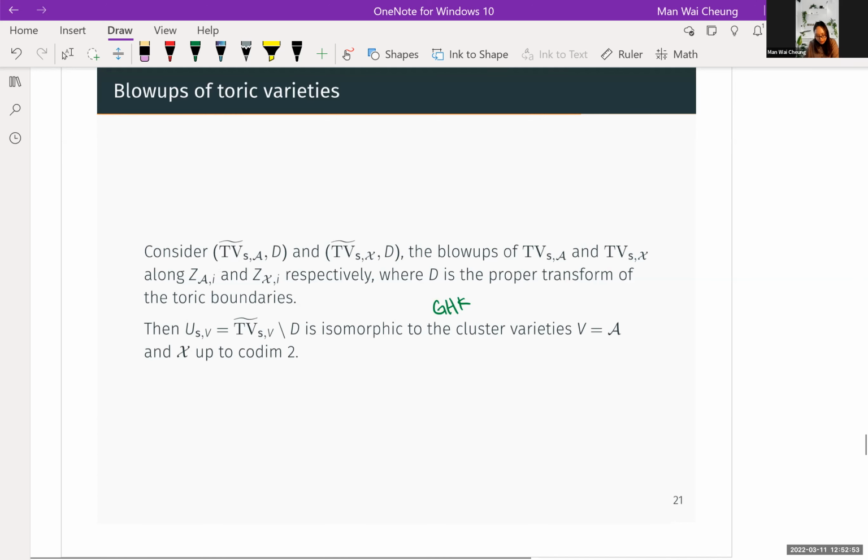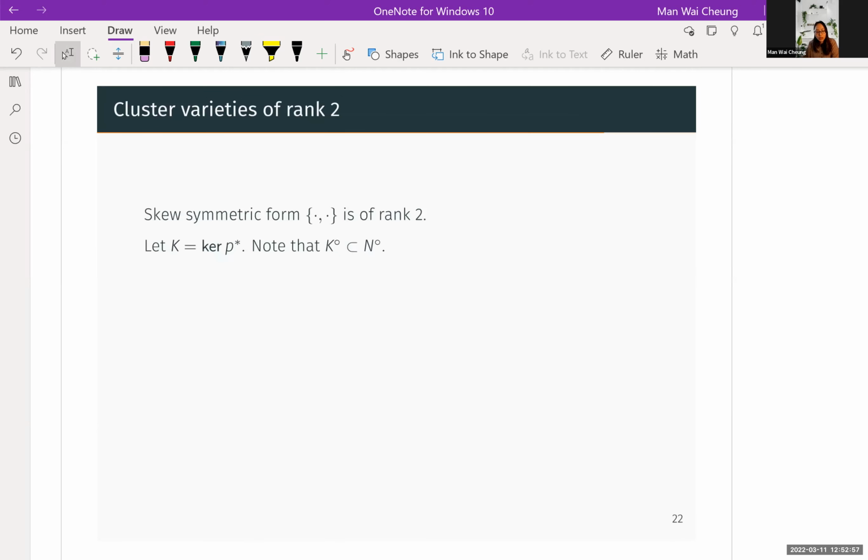What we want to know then is cluster varieties of rank 2. One thing to emphasize is that rank 2 doesn't mean dimension 2. I might start with my fixed data, with the lattice and general n dimension. What I mean by rank 2 here is that the skew-symmetric form is of rank 2.